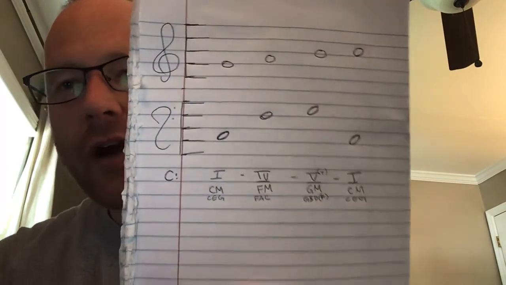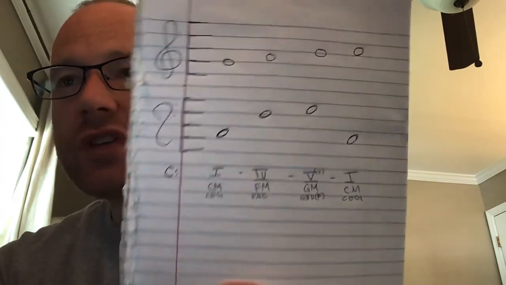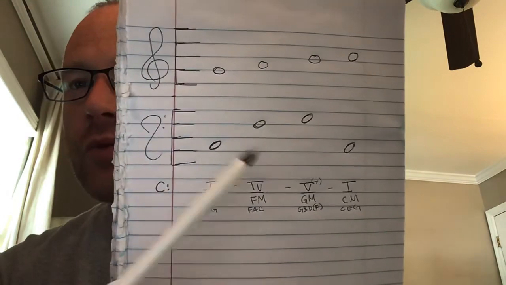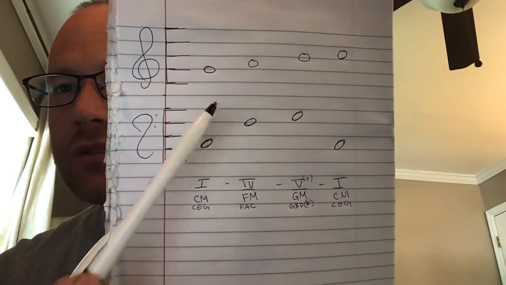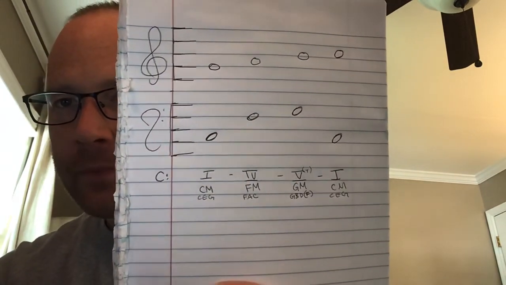Okay, now from there I've got my 2 inner parts. Now here's where you have to be very careful about your inner parts. For what we're doing here, we want to be very careful to not let the alto line go below the tenor line or the tenor line go above the alto line. We're going to try to keep them very even. Okay?